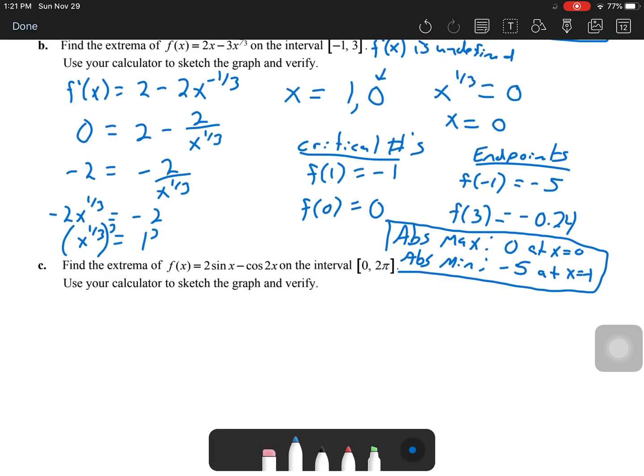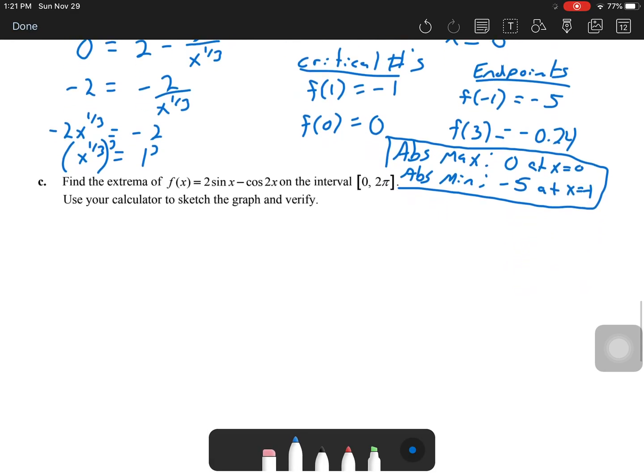All right. In this example, now we have a trig equation, so there's a little more math to do on this one that's maybe not as familiar, but we've solved trig equations before. All right, so we want to do our derivative first, so f prime. 2 sine of x, that's going to be 2 cosine of x.